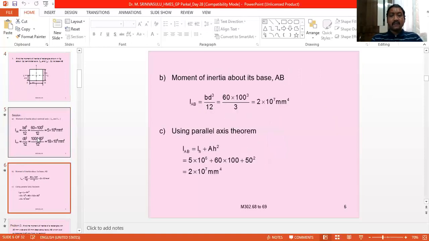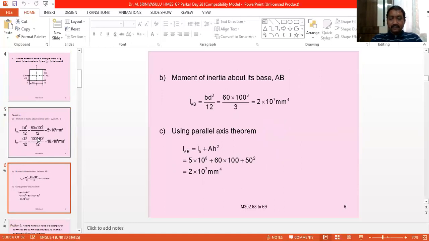Now firstly, by the direct equation, the moment of inertia of the given rectangle about its base AB, IAB is equal to, what is the formula? That is equal to BD cube by 36.